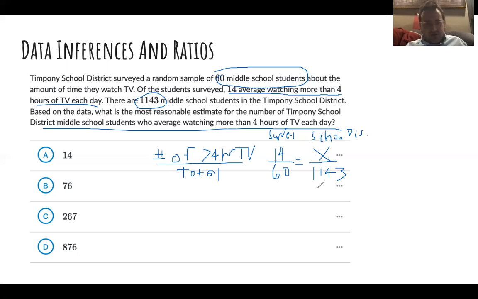So you should be able to cross multiply and get what you need. So that's the good news about these problems. So when I cross multiply, I always just multiply kind of diagonally. So I'm going to do 1143 times 14.